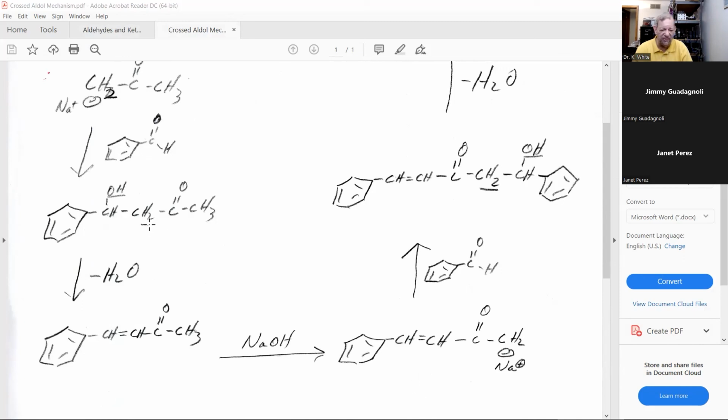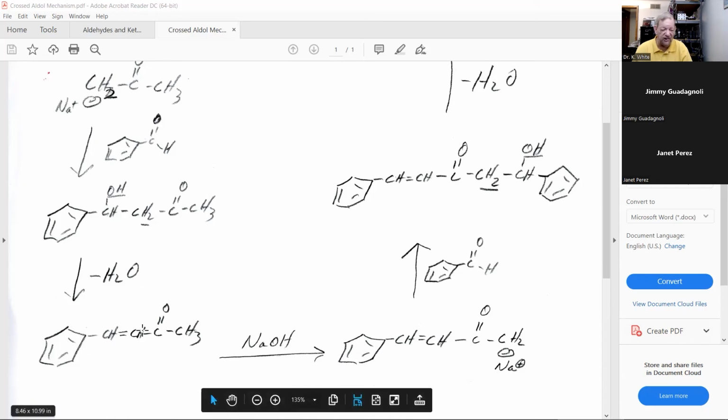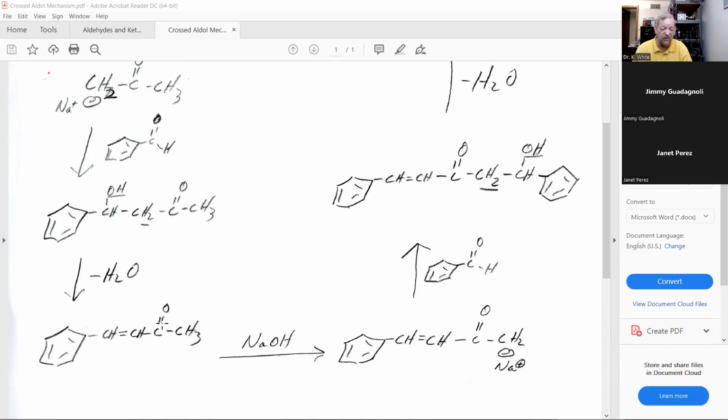And from this carbon, use a hydrogen, lose the hydroxyl group, H2O, water, and you form a double bond. Now the ring is double bonded and conjugated through this double bond to this oxygen carbon double bond. And that makes it more stable.